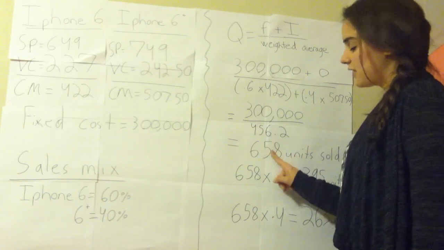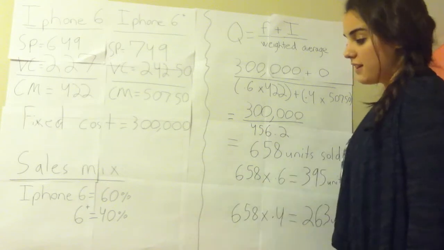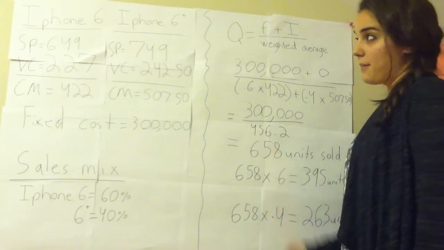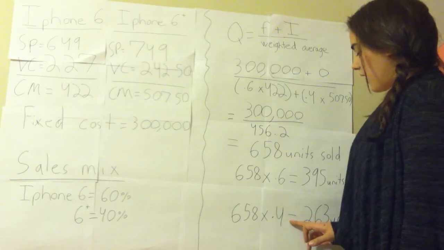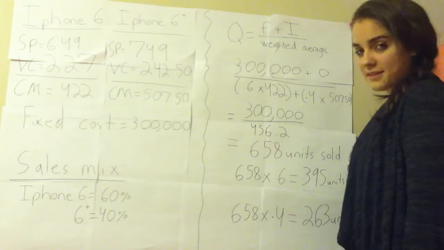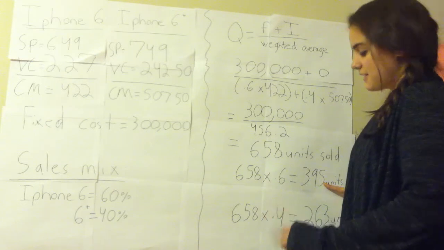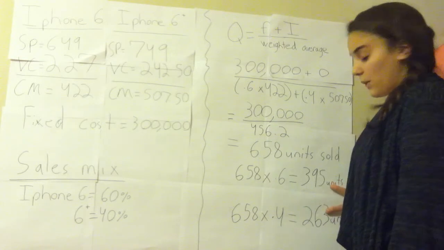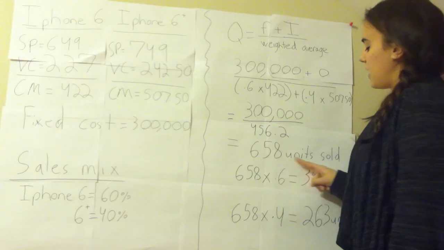And then you take the 658 again and you multiply it by the 0.4 sales mix of the iPhone 6 Plus in order to find out how many of the iPhone 6 Pluses you needed to sell in order to break even, which equals 263 units for the iPhone 6 Plus. So the 395 units for the iPhone 6 and the 263 units for the 6 Plus would need to be sold in order to break even. And these added together would equal the 658 units sold.